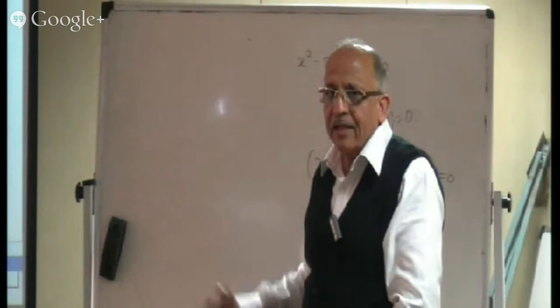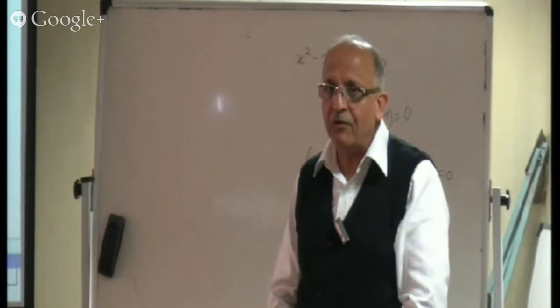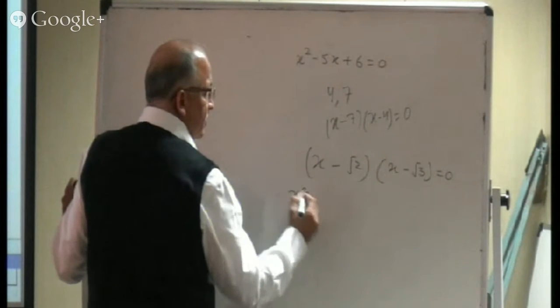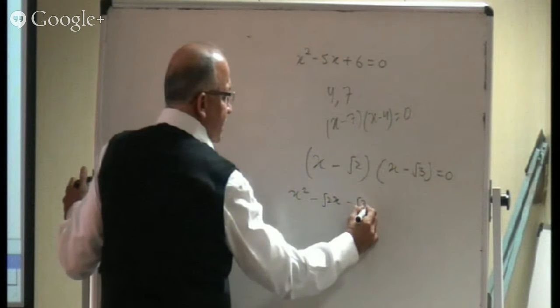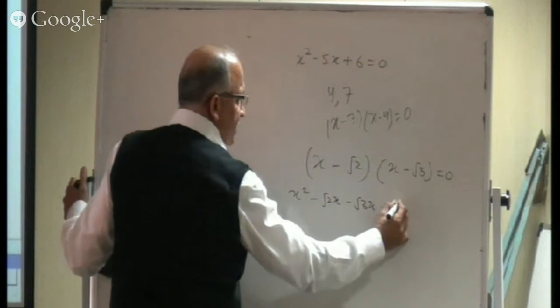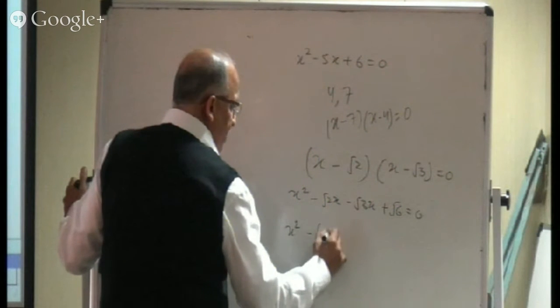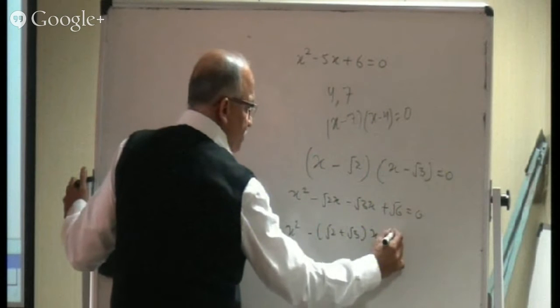Suppose we multiply and try to write the equation. What will you get? It will become x square minus root 2 x minus root 3 x plus root 6. That means x square minus (root 2 plus root 3) x plus root 6 equal to 0.